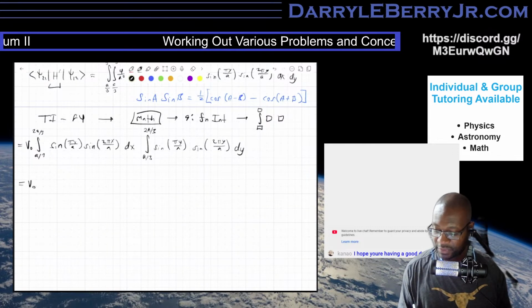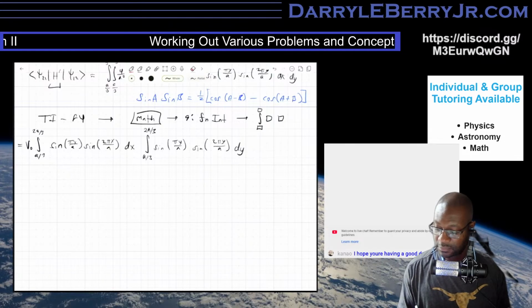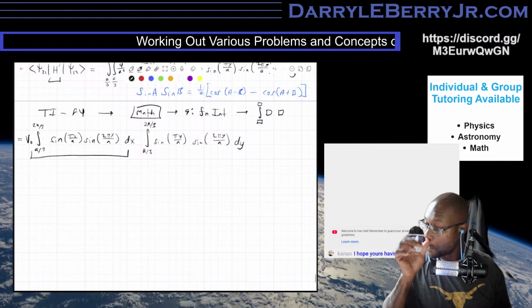So we would have V naught. Why don't we do just one of them? They're the same integral.